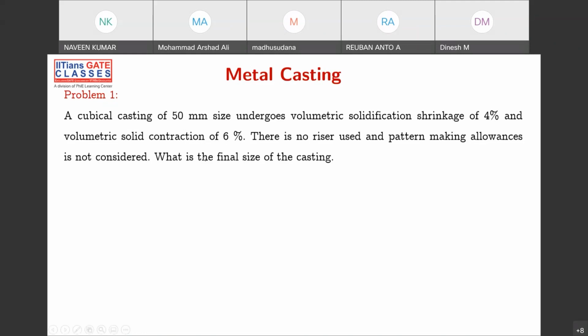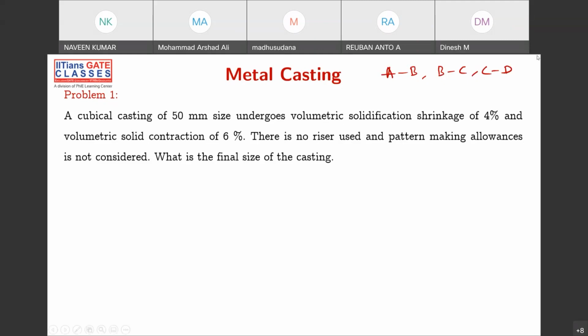Now for calculating this, you see, this is solidification shrinkage. If you remember the previous diagram, you have A to B, B to C, and C to D. Volumetric solidification shrinkage: is it A to B, B to C, or C to D? B to C. Excellent, Praveen, you're right.